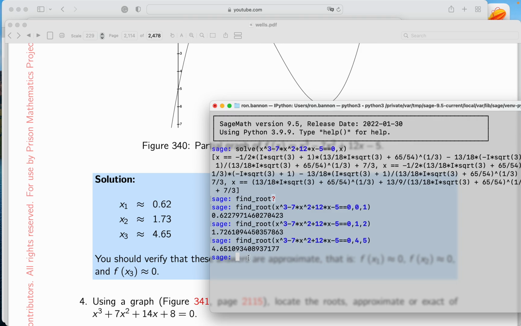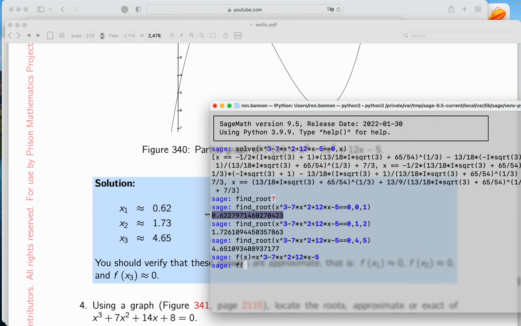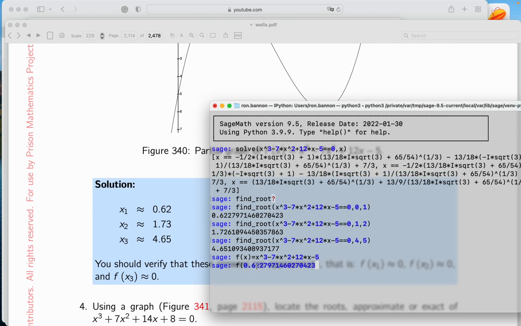Yeah, everything's looking good. I do want to point out, though, if I define f of x, and that's going to be this over here, it's a function. I want to show you f evaluated at this number over here. I'm just doing a copy paste, by the way.